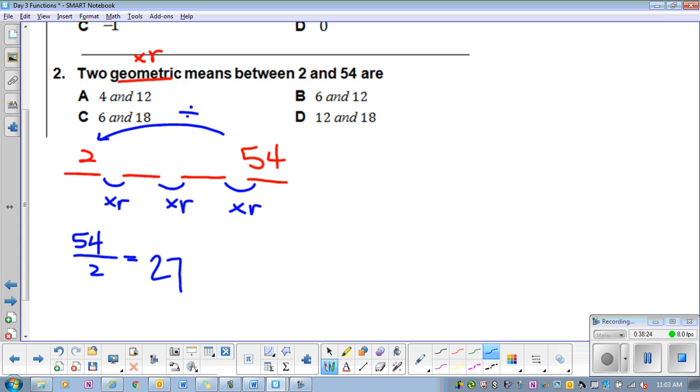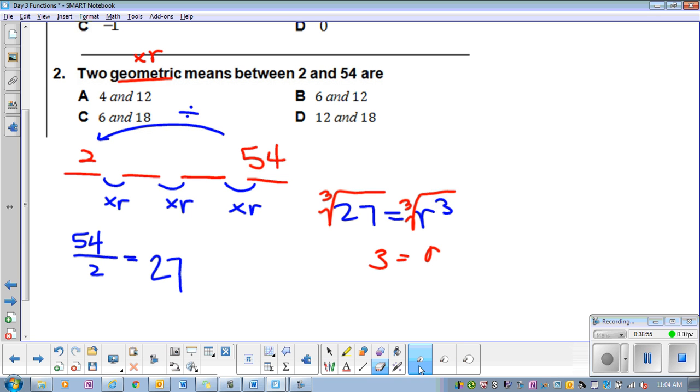Well, so look, 27 equals r cubed, right? Because I had r times r times r. How do you solve for that r? Cube root, right? Because it's the cube. What's the cube root of 27? 3. That means your r is 3.